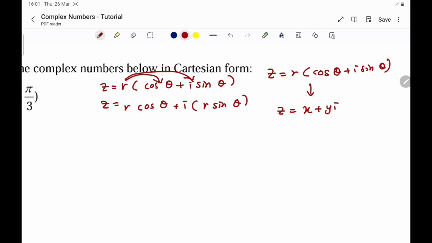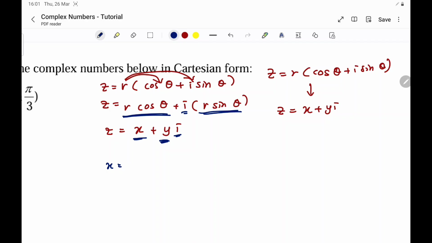So now you can compare with the Cartesian form, which is x plus yi. From this you're going to see that this is your x, similar to r cos theta. You have your y, and then you have your i. So i is similar, and your y is equal to r sin theta.